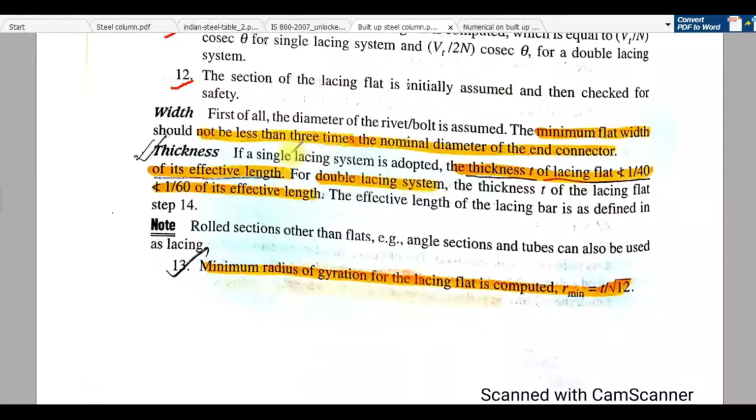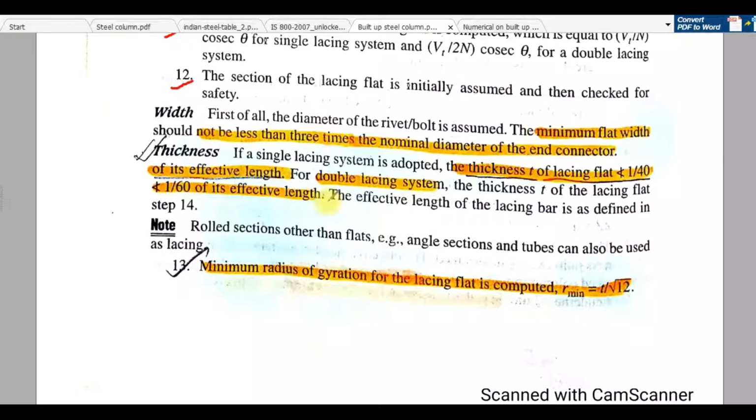Then thickness: if a single lacing system is adopted, the thickness T of the lacing flat should not be less than 1 by 40th of this effective length. For a double lacing system, the thickness T of the lacing flat should not be less than 1 by 60th of this lacing effective length.